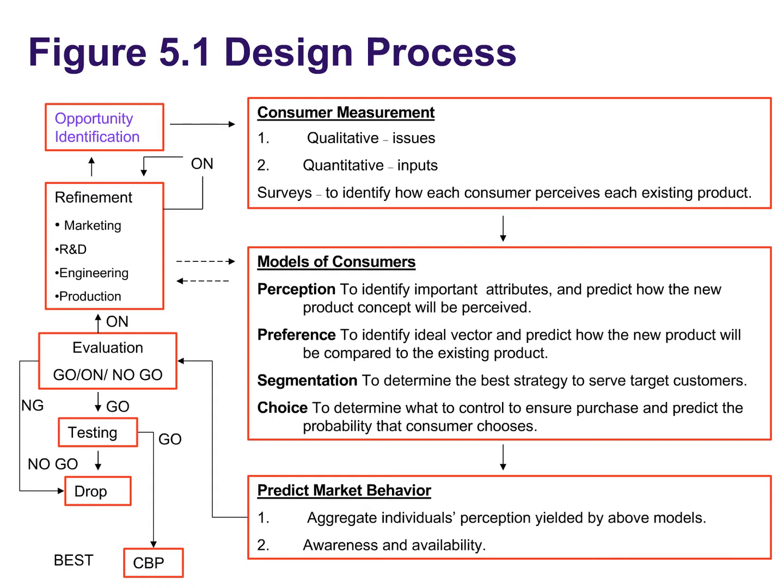Now it enters the design stage, which begins with research on our customers, including consumer and business customers alike. The research can include qualitative research to identify the relevant issues of concern, and quantitative research to identify input levels.